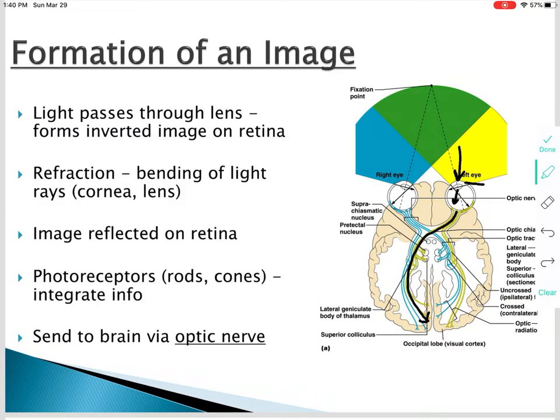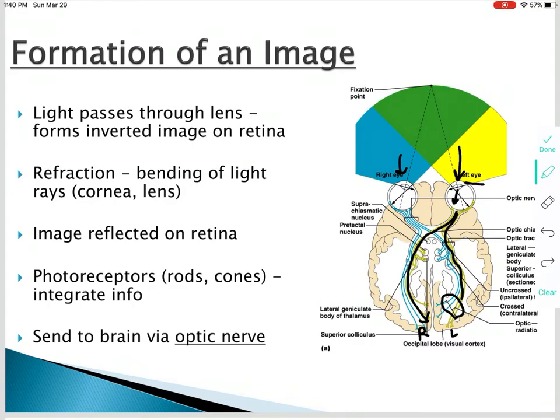We notice that the information from the left eye crosses over and goes back to the right posterior part of the brain, and the information from the right eye comes back and goes towards the left part of the brain. We also notice that by the time we get to the brain, we're receiving combined information. So actually, some information from the left goes to the right, but some information also goes to the left.